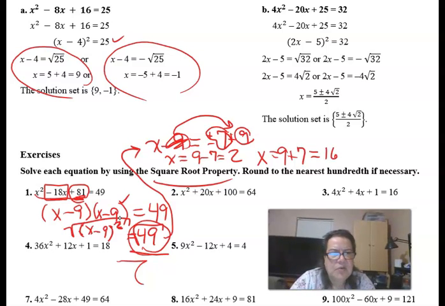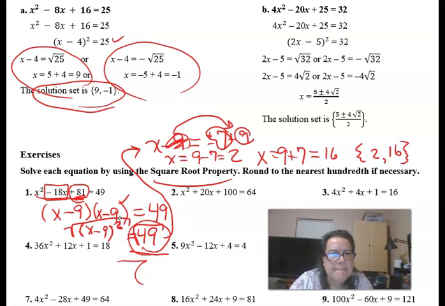So in case you notice, you could have two possible answers, right? So the solution set, and notice how they wrote it. The solution set is 9 and negative 1. So the solution is 2, 16. And I'm done.